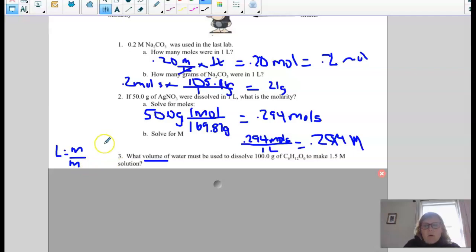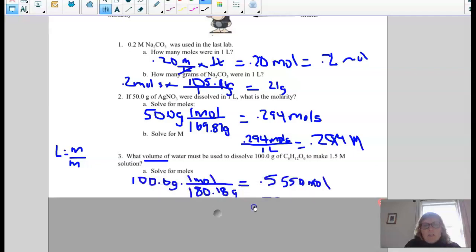Well, you don't have moles, but you do have grams. So you have to convert 100 grams to moles. Take 100 and divide by the molar mass of glucose, which is 180.18 grams. That should give you 0.5550 moles of glucose.